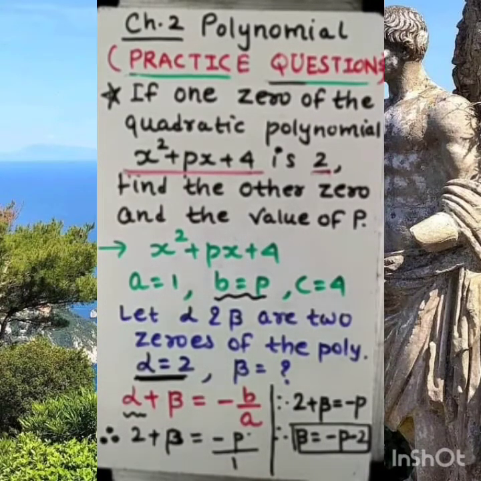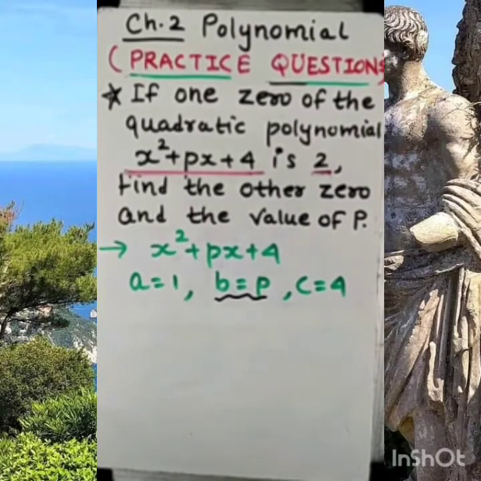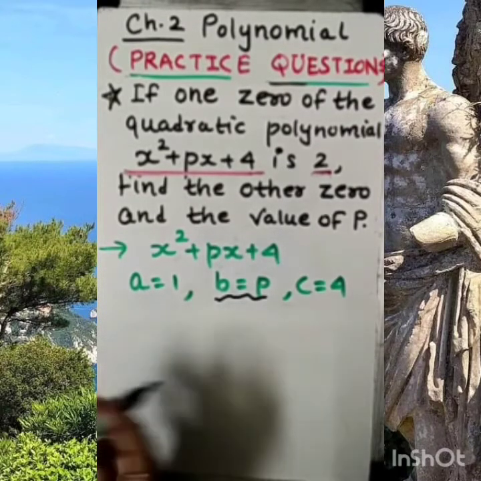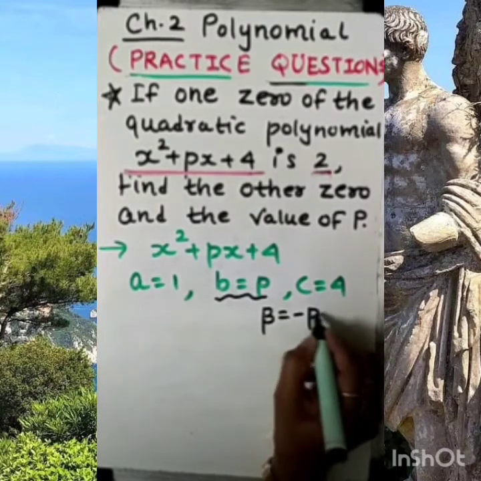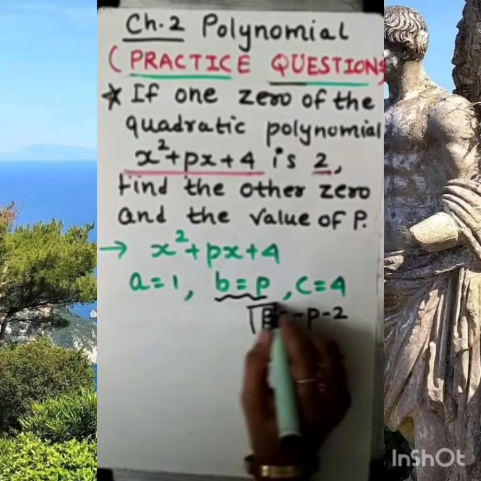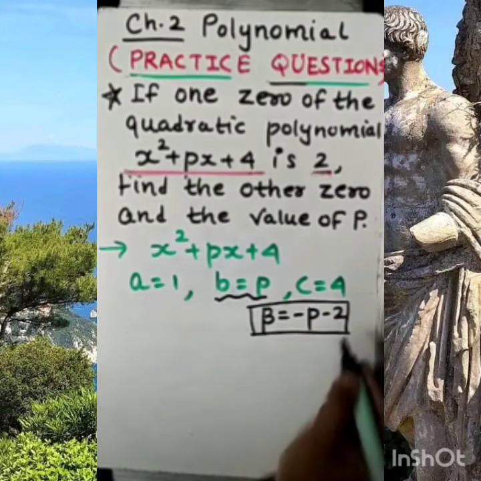Keep this result separate, and let's sort out the further solution by taking the product of two zeros now. So one important result, we got the value of beta, that is minus p minus 2. Keep it aside.